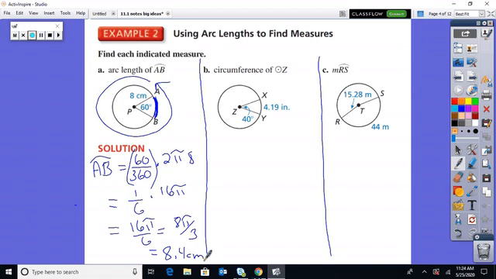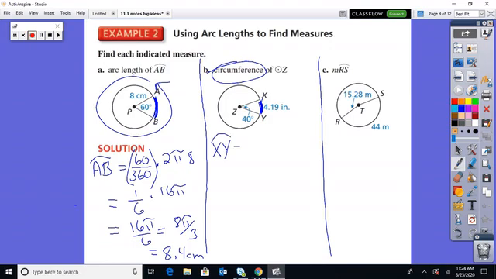All right? So now, B and C, same equation. They're just giving you different things. So let's start it out. In this case, we actually know the length of the arc, and we're trying to work it backwards to find the circumference. So same formula. I'll just write the whole thing out for you.